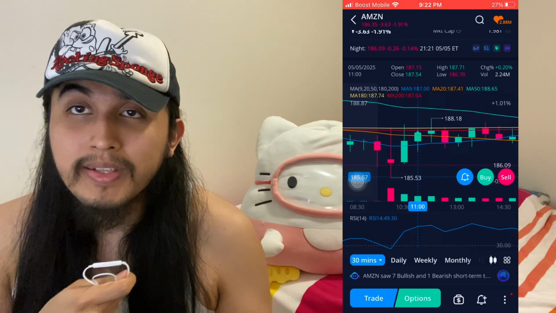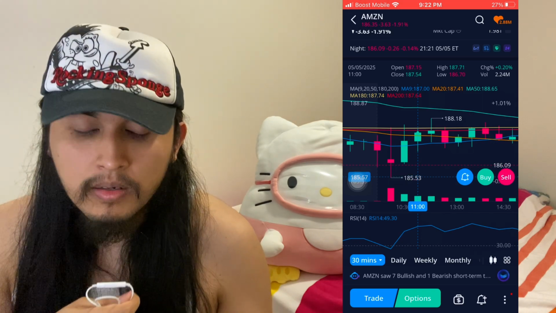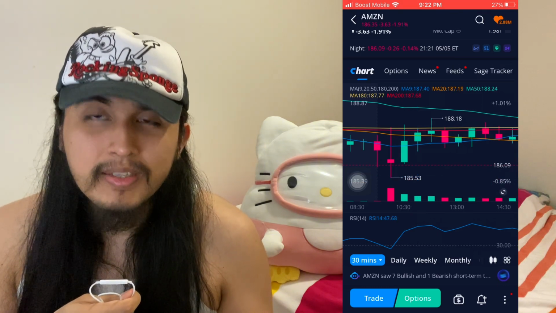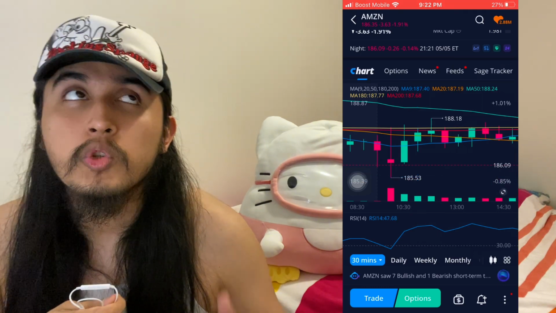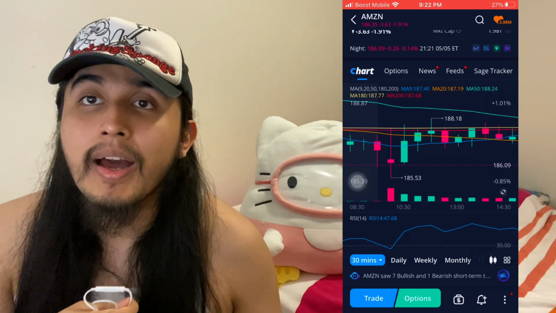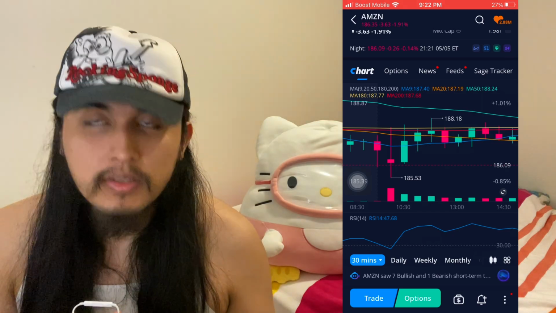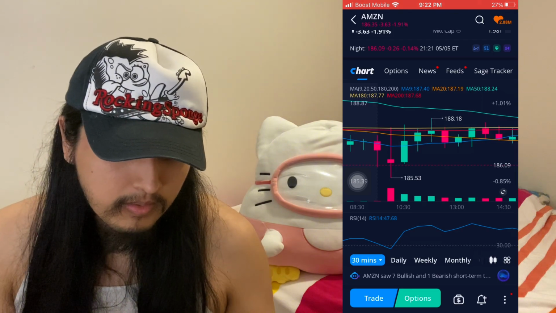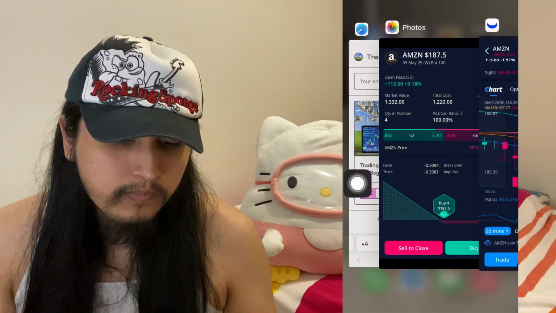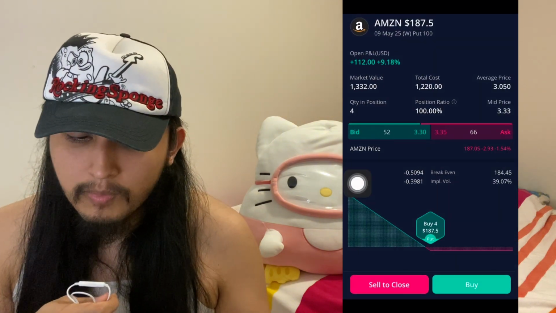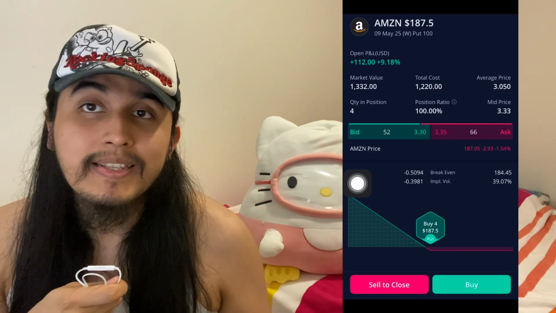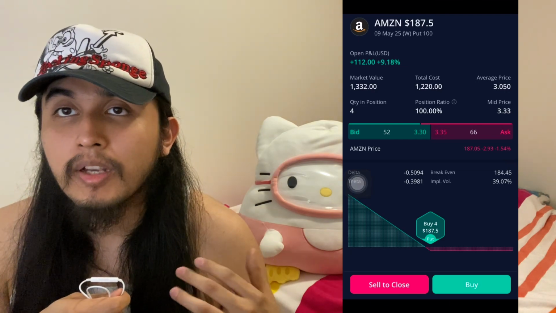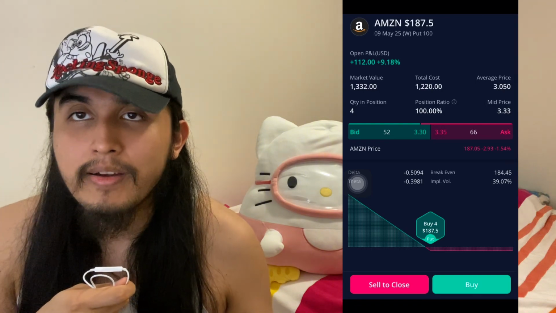What's the next step I would take from here? Either step one, try to buy more put options. Do you see where it says 9.18%? As soon as I see that it's down 10%, I'll buy another couple of put options on Amazon.